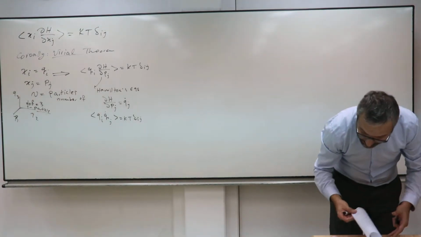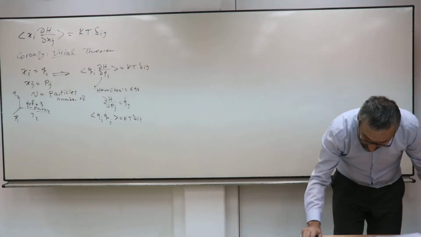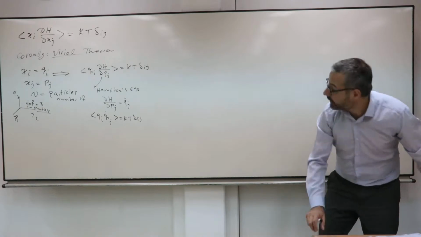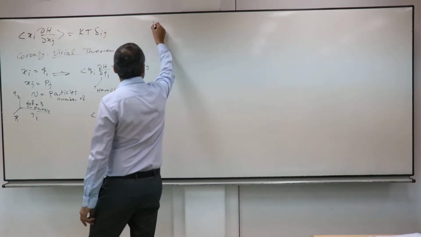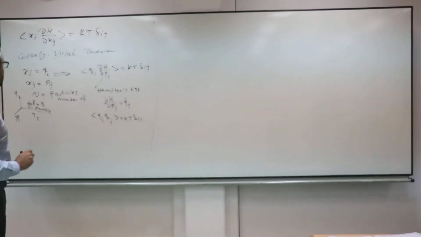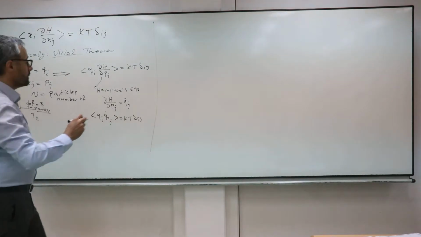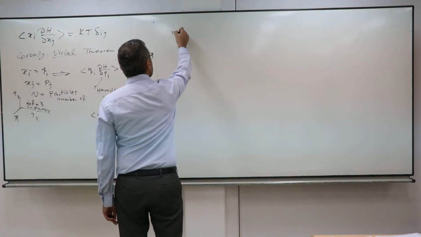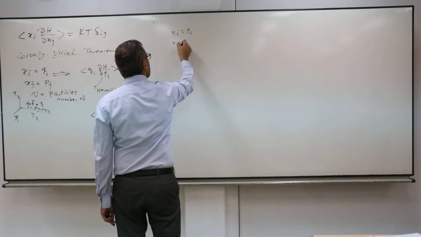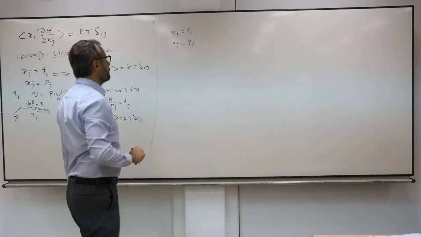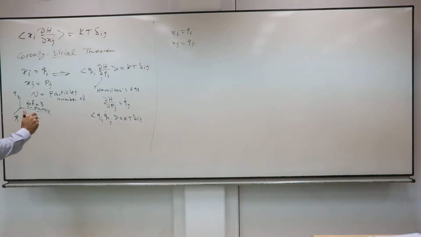But the case which I want to study is exactly the other option. The other option is that I want to consider the case when both xi and xj are considered as q. You will see that the quantity which will appear here as the expectation value will be like a virial work in classical mechanics.